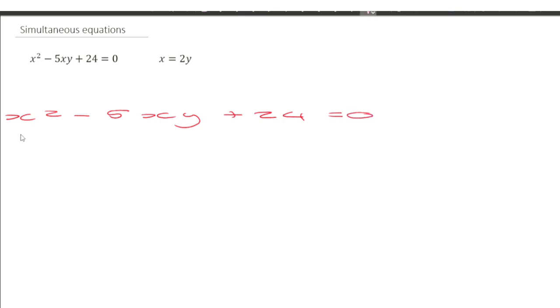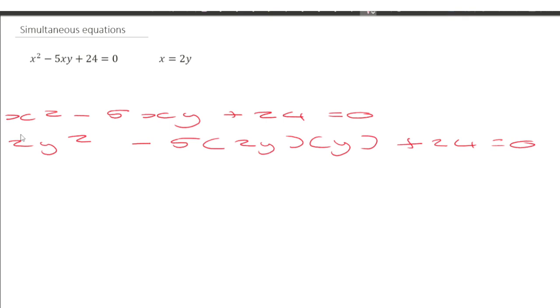So I'm gonna say (2y) squared minus 5(2y multiplied by y) plus 24 equals 0, right?